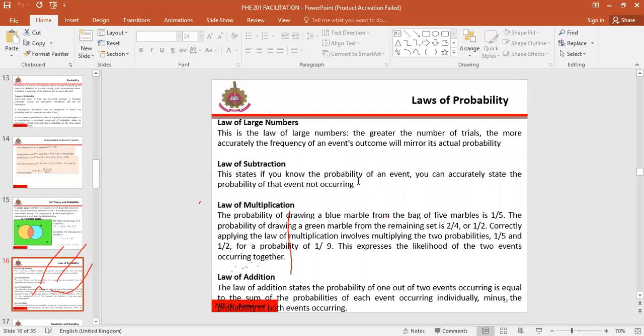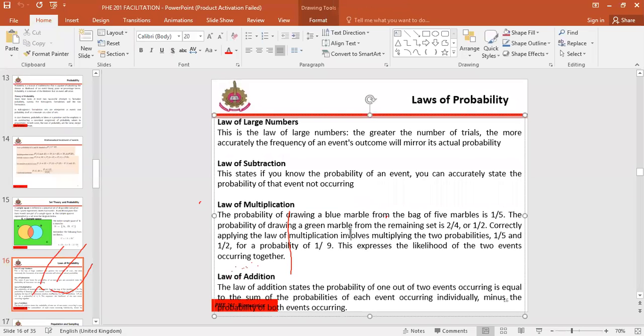That's what they are trying to explain with this law of subtraction: if you know the probability of an event, then you can accurately state the probability that the event will not occur. Now, the law of multiplication. This one states that the probability of drawing a blue marble from a bag of 5 marbles is 1/5.